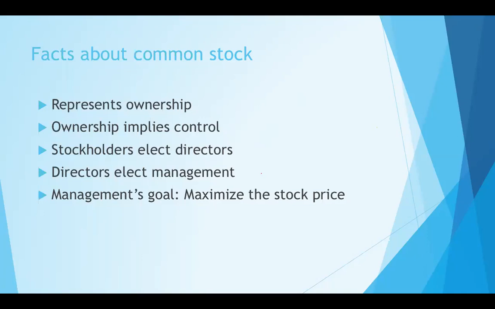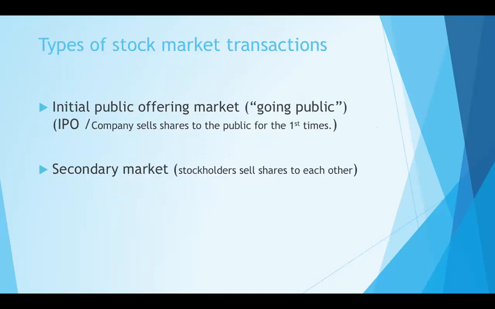We have two ways to sell the stocks. One is the IPO, which is selling directly to the public for the first time. And you can also buy these common stocks on the secondary market, where they are traded.